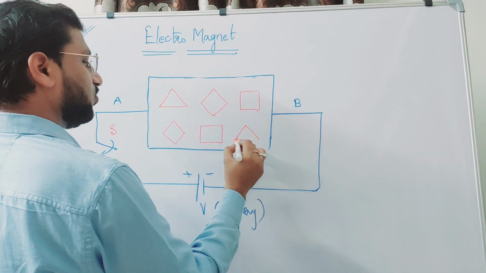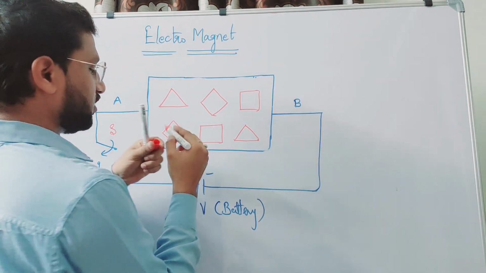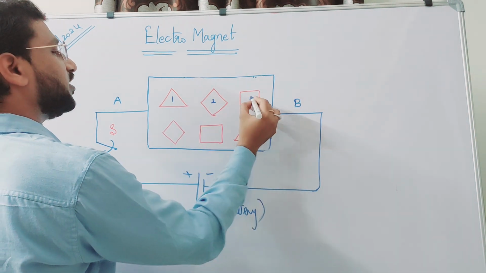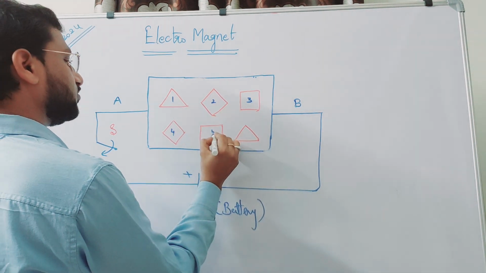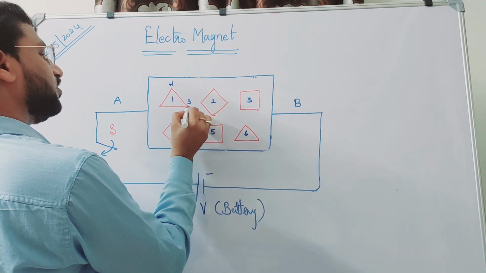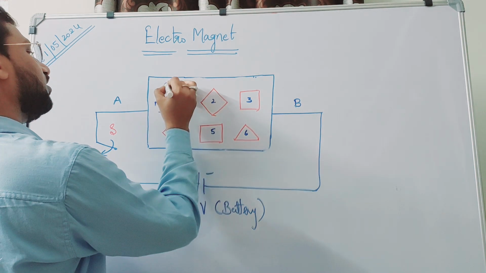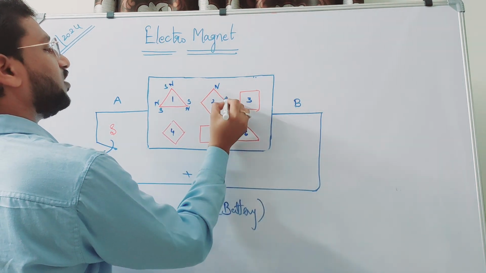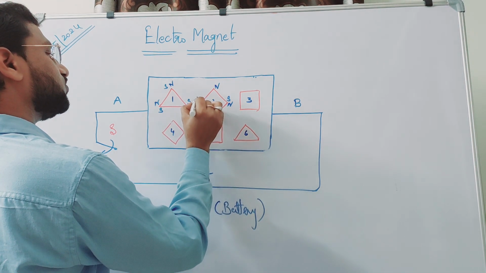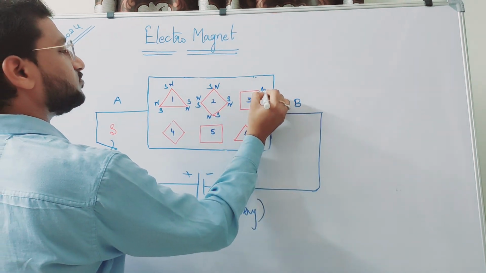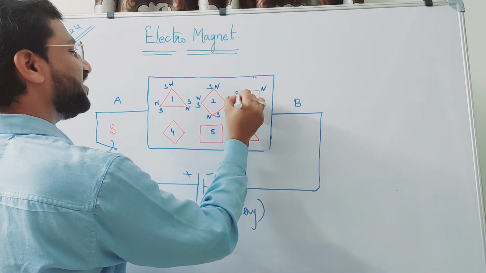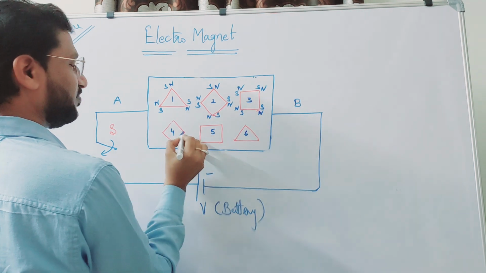Don't think about why I am writing only like this; it is only for your understanding. So I have taken 6. It is north, south, north, south, north, south, north, south, north, south, north, south. Even now it is somehow looking clumsy. Please accept my pardon.